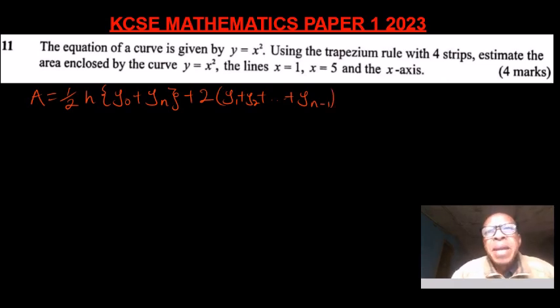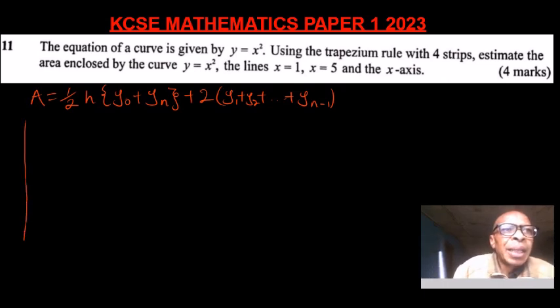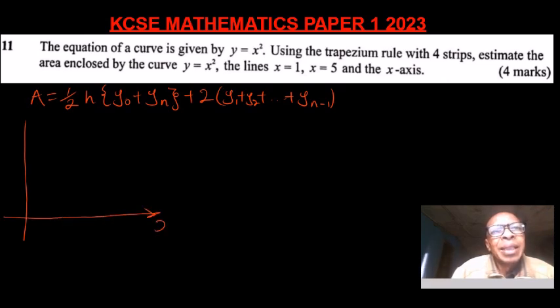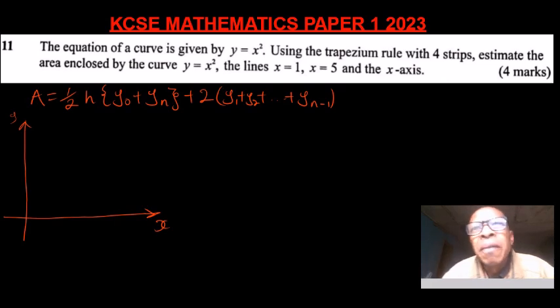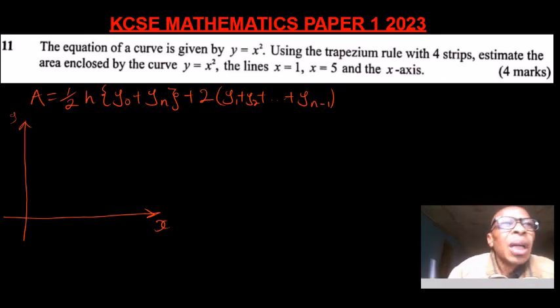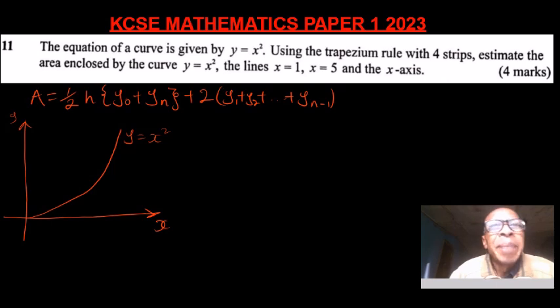Maybe you can make a sketch of what we have here. This is our x, this is our y. The graph of y equals x squared would appear like this. From experience, you know the graph of y equals x squared.